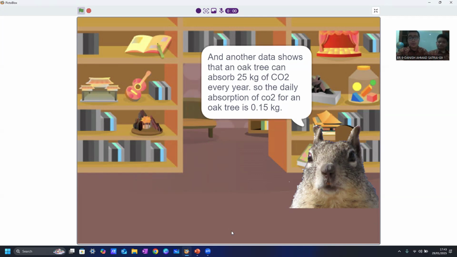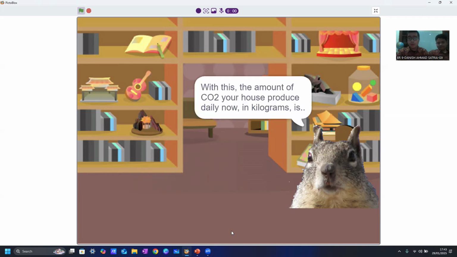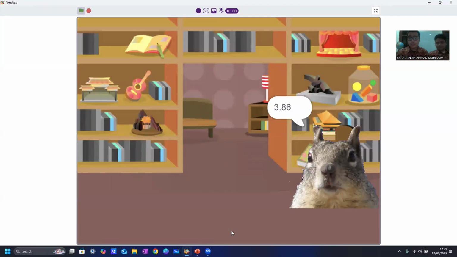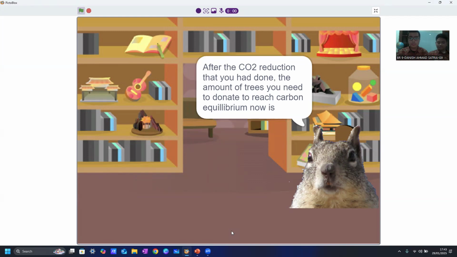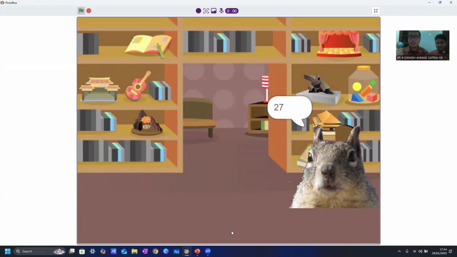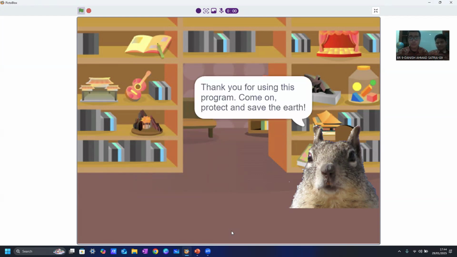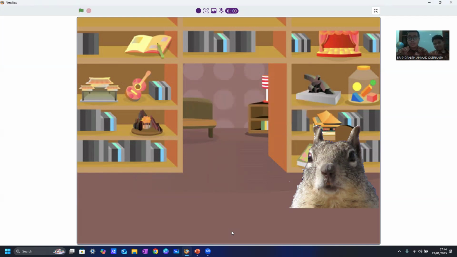And in this program input, there are over 10 different electronics that we need to input to determine how much total CO2 we produce daily from these electronics. And so the new amount of CO2 we produce daily now is 3.86 kilograms, which is 50% less than before, which is 17.34 kilograms. And so the program ends with thank you for using this program. And it also increases the awareness to protect and save the earth.